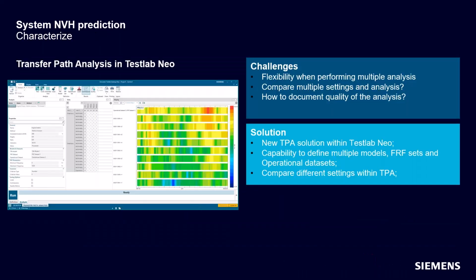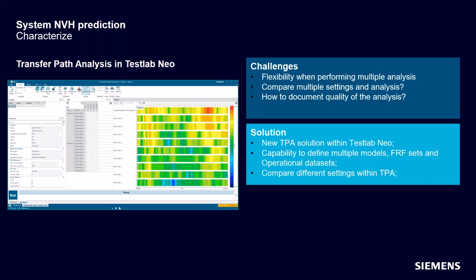Transfer path analysis in Neo: some of the challenges with where transfer path analysis has been in Testlab software so far. It wasn't the easiest or the most flexible to perform multiple analysis variations with a TPA model in Testlab Classic. If we want to compare multiple settings or different analysis techniques, we can do it.